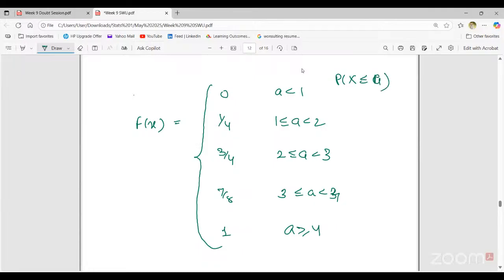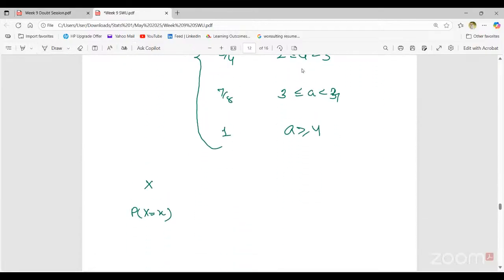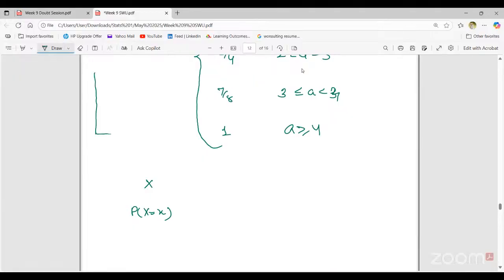Now, from 1 to 2, it is 1 by 4. So till here it's 0, then at 1 it jumps, then again it jumps. Like this is my graph, correct?